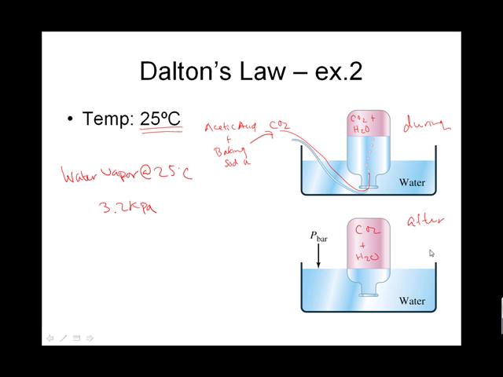And remember that we're assuming that the experiment is done at sea level, and so the pressure outside is standard pressure at 101.3 kPa. If the water level inside the container and outside the container are the same, then the pressure inside the container as well as the pressure outside the container must be the same.